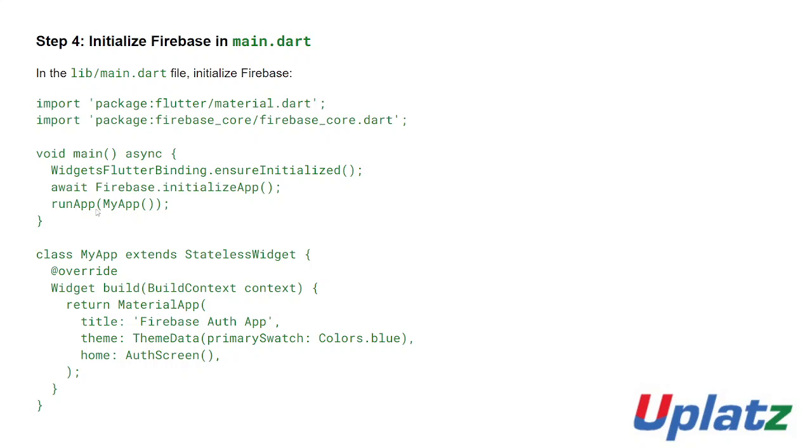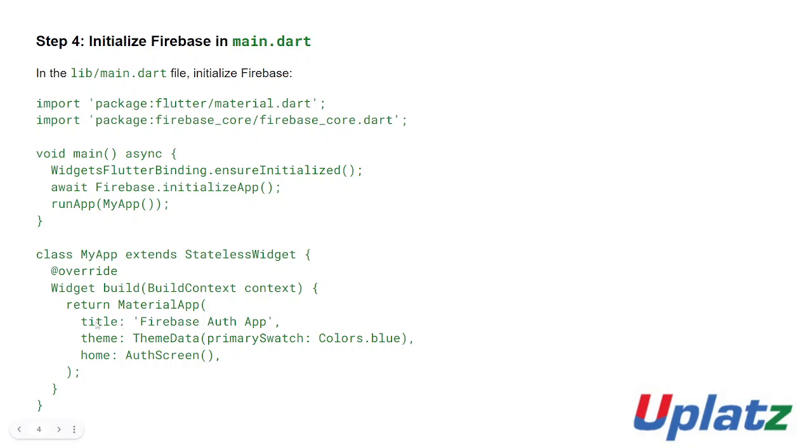Then runApp, MyApp, the main widget class. MyApp extends StatelessWidget, open brackets, @override Widget build within brackets BuildContext context, then return MaterialApp, title: within quotes 'Firebase Auth App'.